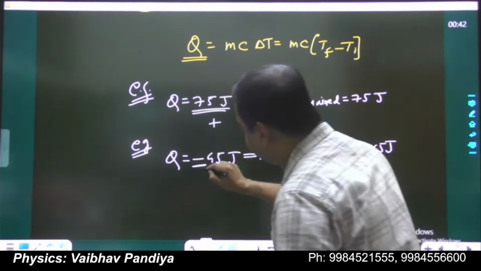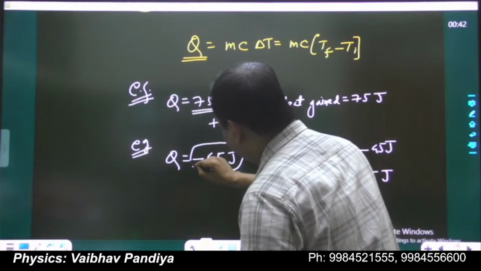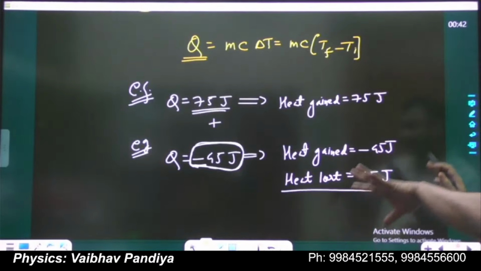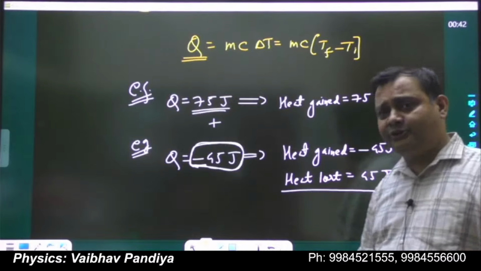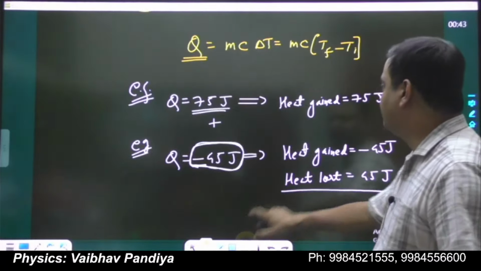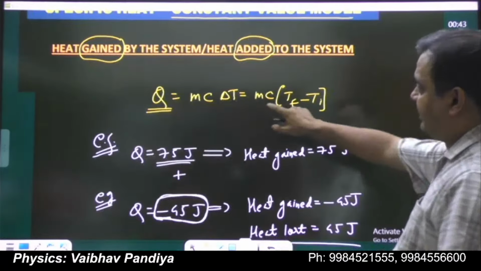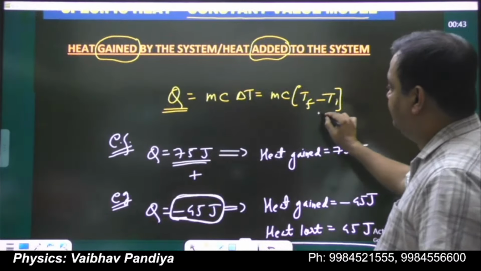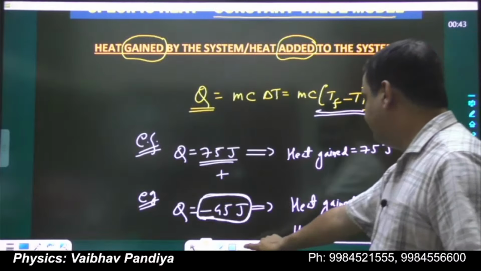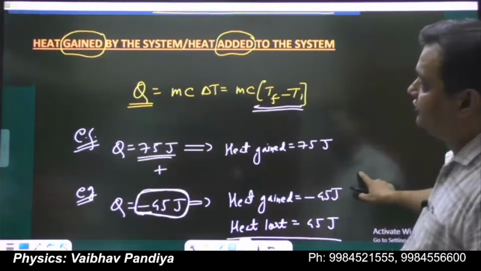So here the negative sign, when Q comes to be negative, actually heat is lost. But at the very first place, you need not worry about it. You will always apply this equation, the equation of heat gain, MC delta T, and delta T will be final minus initial. Itself, it will give you a positive value of Q or negative value of Q.